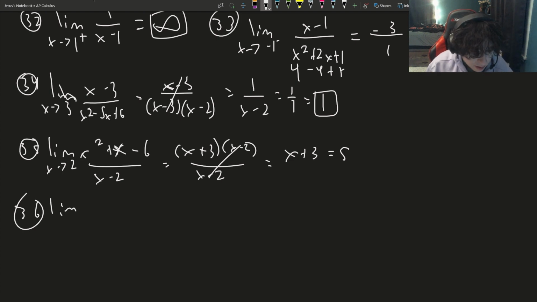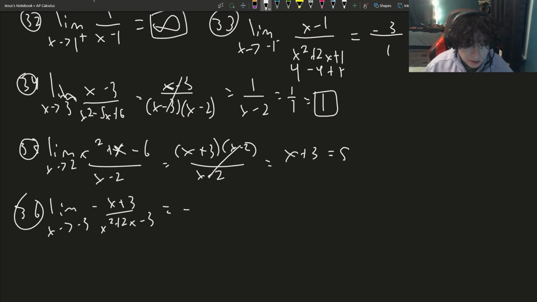We have the limit as x approaches negative 3 of x plus 3 over x squared plus 2x minus 3. So then we can just factor this.